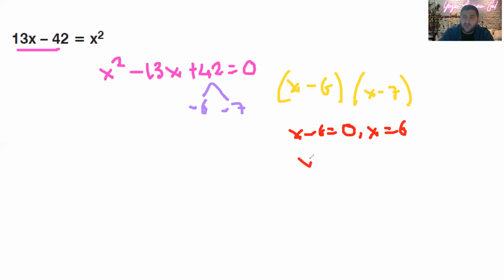Then x minus 7 equals 0, so x will be, taking the negative 7 to that side, positive 7. So this is my answer.